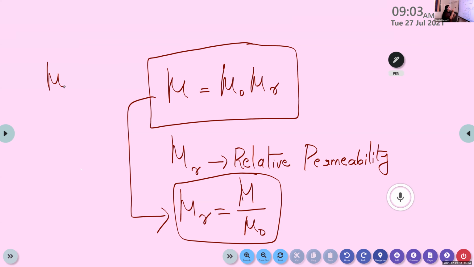The permeability of free space we represent as mu 0. The relation between them is given by mu is equal to mu 0 into mu r, where mu r is the relative permeability.